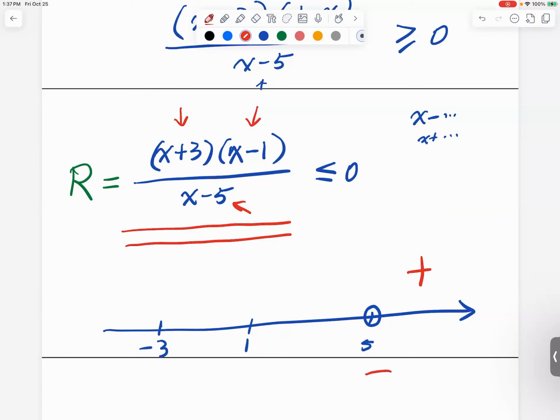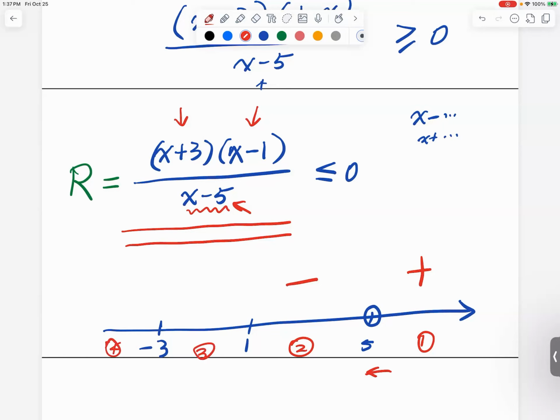Then as x moves to be smaller than 5, in the interval 1 to 5, only one term is going to change sign, which is x minus 5. So we have a negative here. And then you continue this process.